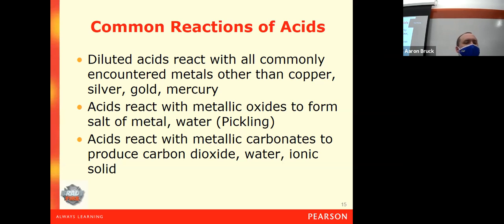Acids will also react with metallic oxides to form salts of metal and water. This is a process known as pickling. This is one of the primary ways that we actually get metal samples from dirt. If you dig up the earth, what you'll find in the earth is a series of organic materials, the dirt, but you'll also find a bunch of rocks.